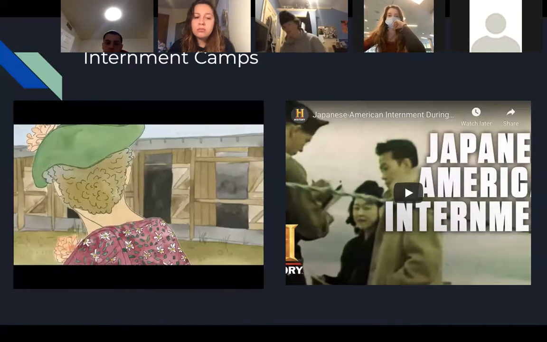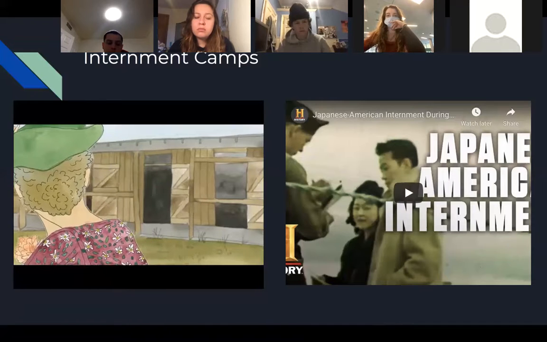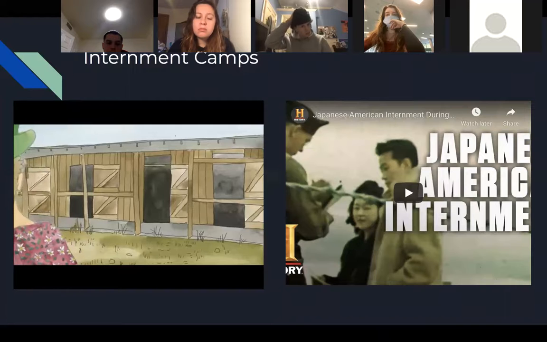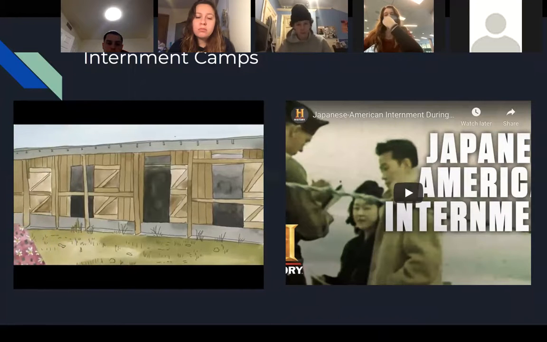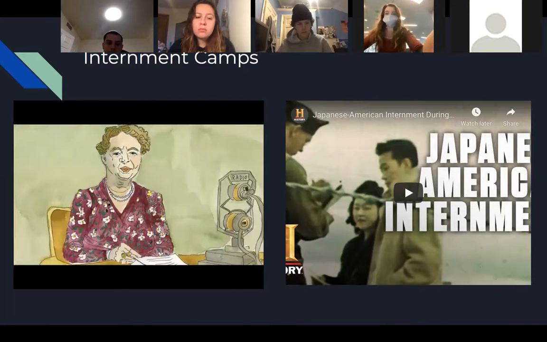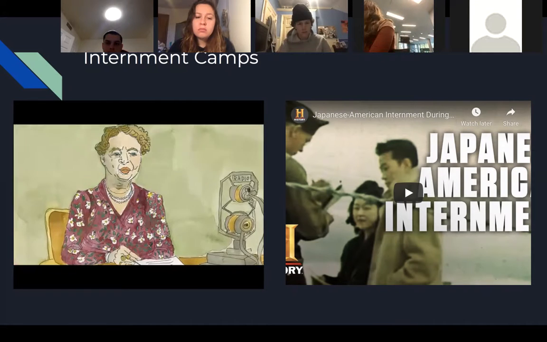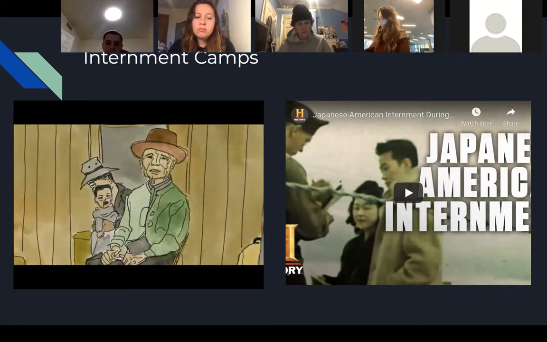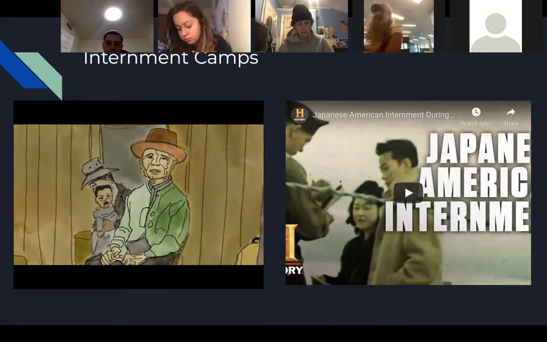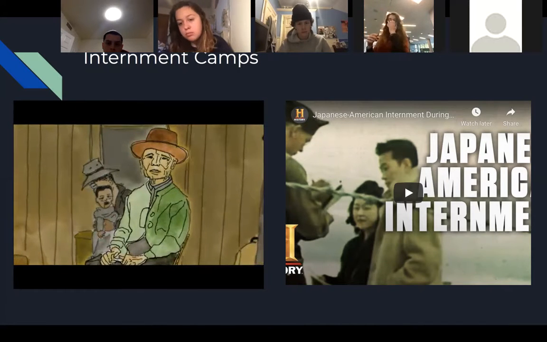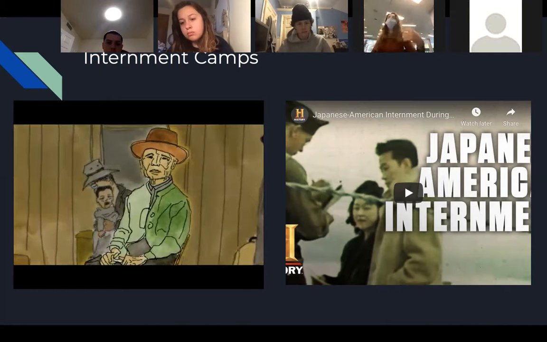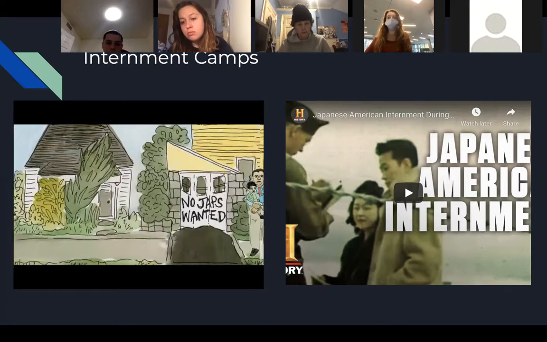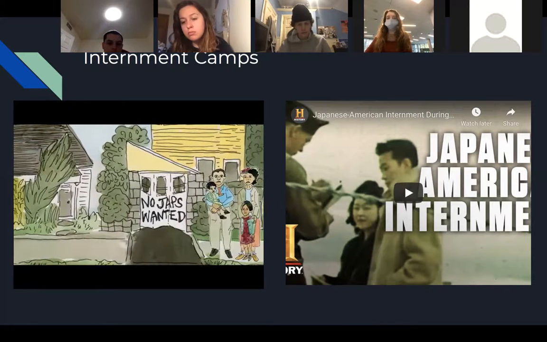Eleanor Roosevelt strongly opposed the internment. She visited one of the camps and urged FDR to lift the order. We must not forget this. We must realize that one cannot tell the difference between a citizen and a non-citizen by just looking at him, by seeing the color of his skin, or by hearing him talk. In 1944, the Supreme Court ruled that the government's actions were constitutional. In January 1945, the executive order was rescinded. The internees were released.